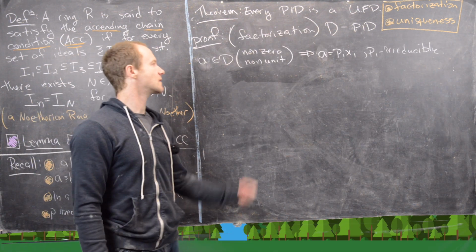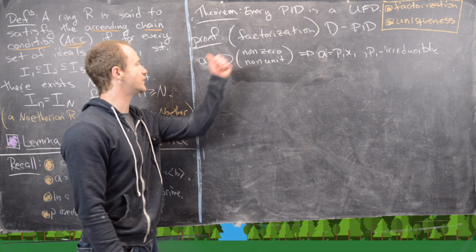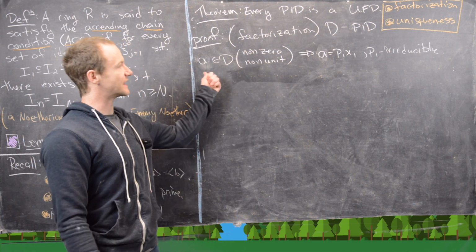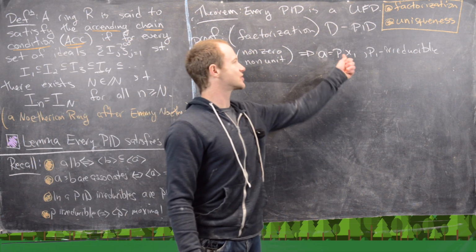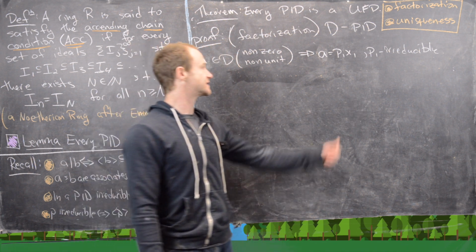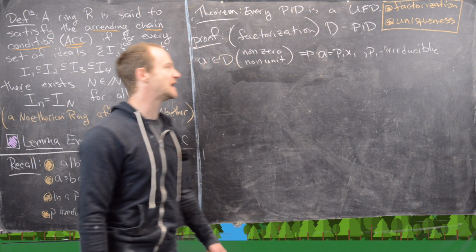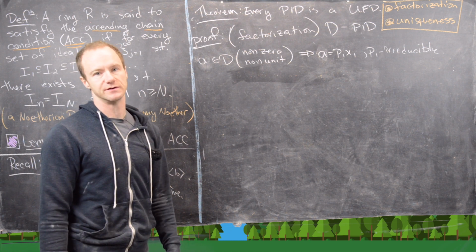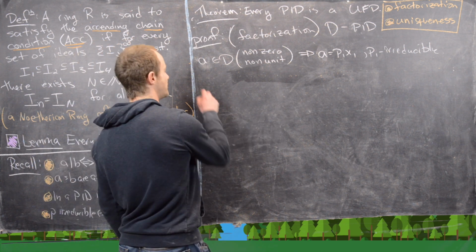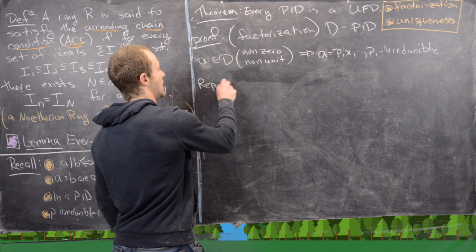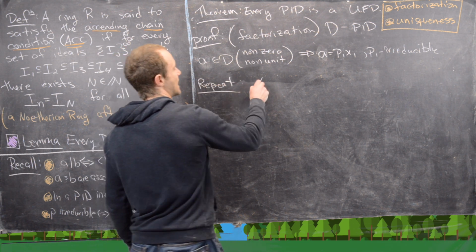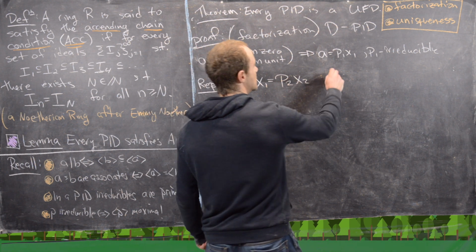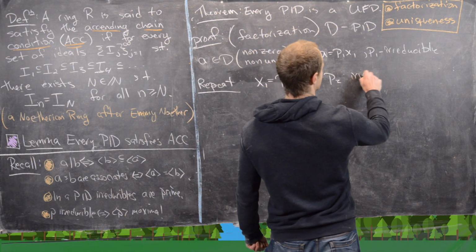All right, on the last board, we argued that if we took a non-zero, non-unit element from our PID, we called it A, then we could factor an irreducible element out of it. So in other words, we can write A as P1 times X1, where P1 is irreducible. So now we can repeat this process on X1 and write X1 as P2 times X2, where P2 is irreducible.